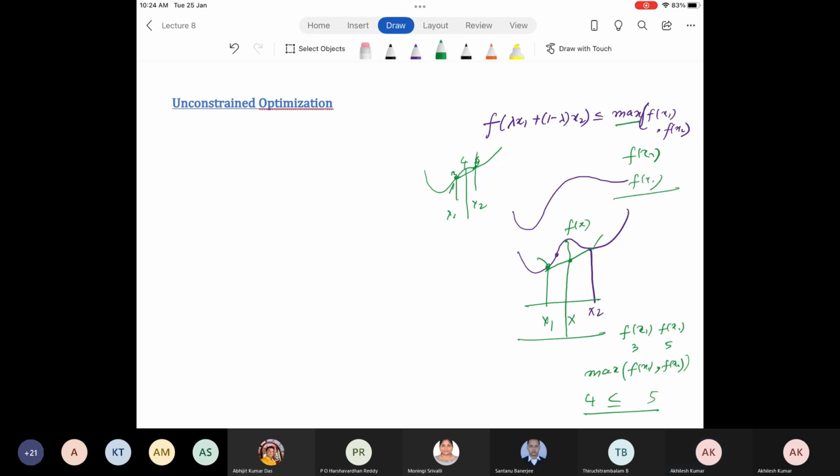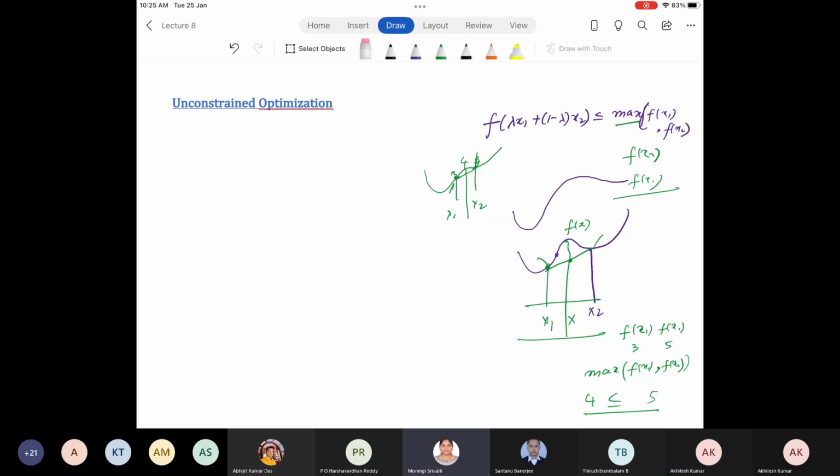The idea is, when you look at the convex combination of all the points between x1 and x2, it will always be less than the maximum of the two. So it is giving you a monotonically increasing kind of trend. Does that make sense? Yes, sir.